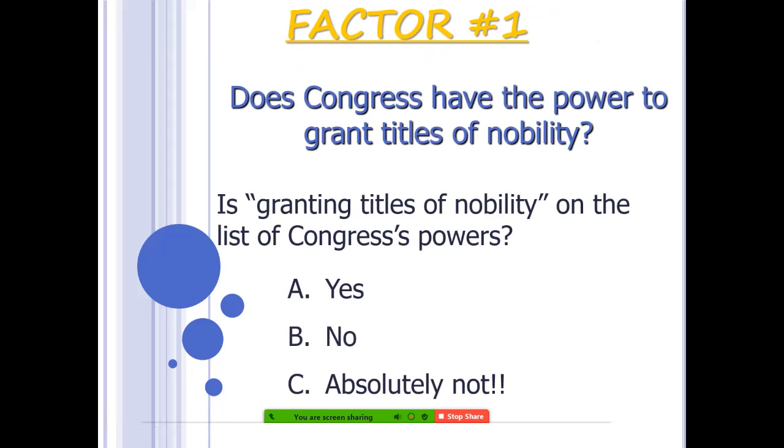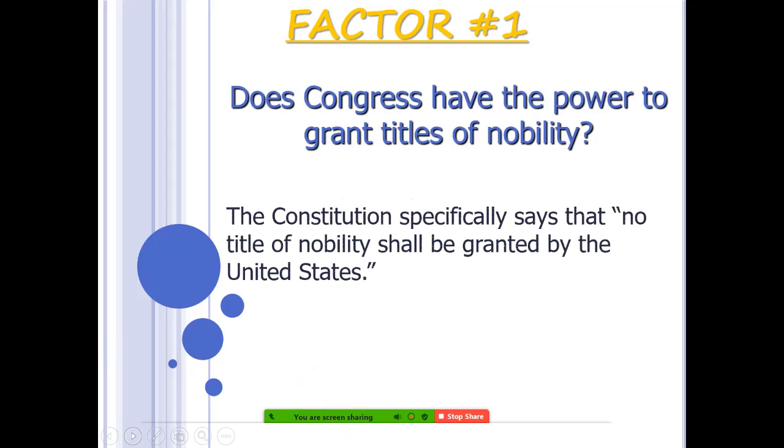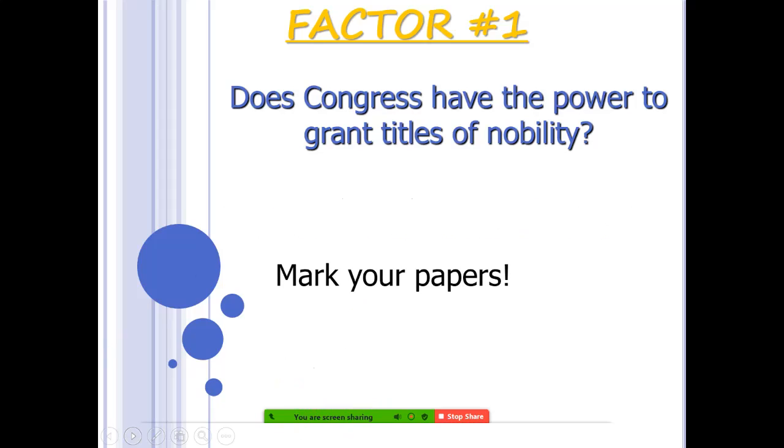Yeah, I'm going to go all the way to C with absolutely not. In fact, that's one of the things specific that we don't do. The Constitution specifically says that no title of nobility shall be granted by the United States. So if the factor is no, well, it doesn't matter if we can pass it.